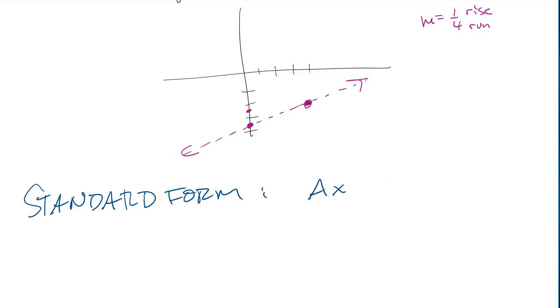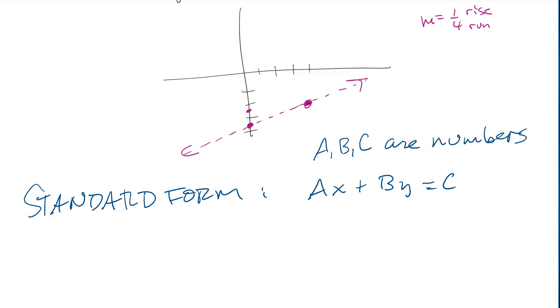It's ax plus by equals c, where a, b, and c are numbers. So an example of this would be 2x plus 3y equals 4.